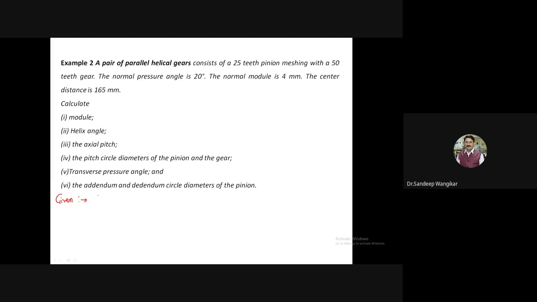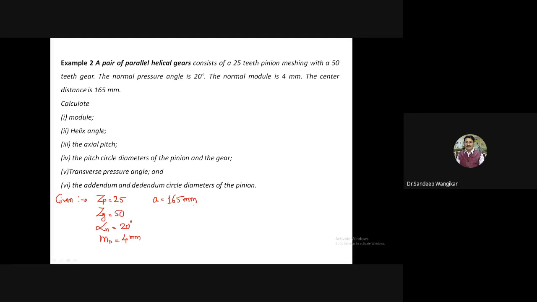The normal pressure angle is 20 degree, alpha n, and normal module is 4 millimeter, Mn is equal to 4 millimeter. The center distance is 165, A is given, center distance 165 millimeters.